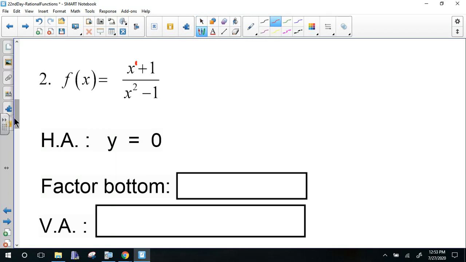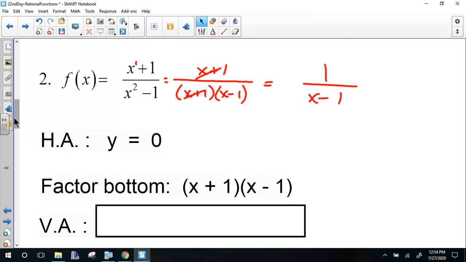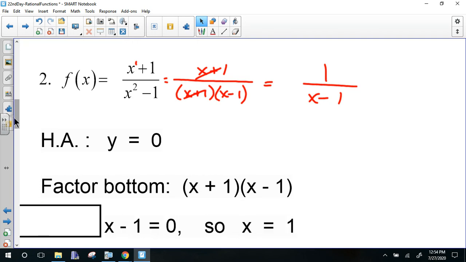It factors into x plus 1 times x minus 1. And what happens to the x plus 1s? They cancel out. So our vertical asymptote is going to be the x minus 1 set equal to 0, so x equals 1. That's our vertical asymptote.